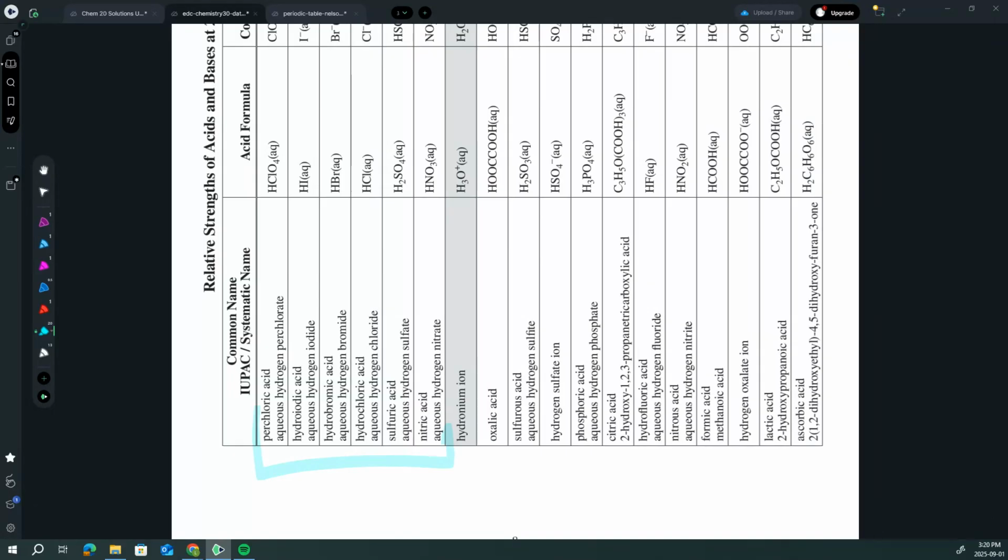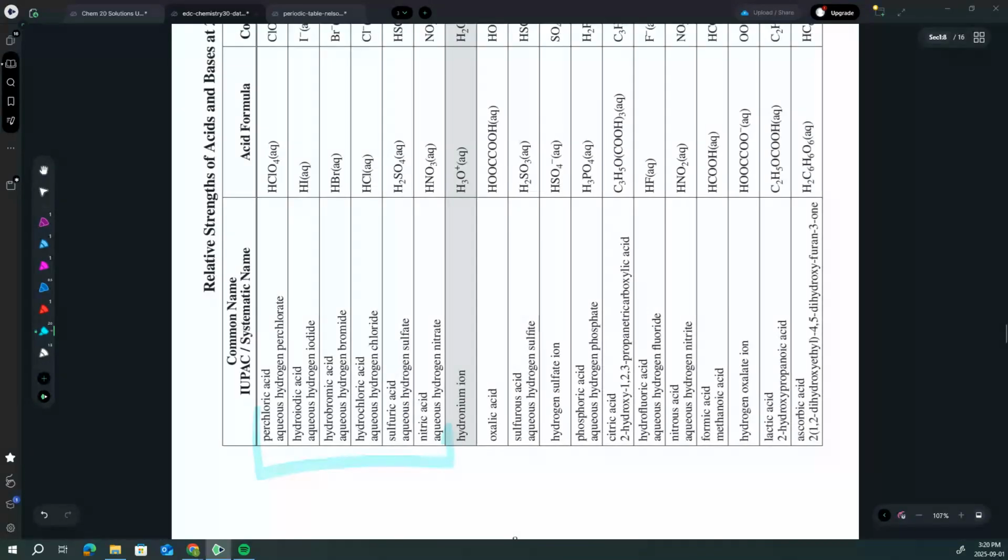So you don't have to memorize these, you just have to know where to find them in your data booklet. Our 6 strong acids are perchloric acid, hydroiodic acid, hydrobromic acid, hydrochloric acid, sulfuric acid, and nitric acid. Those are our 6 strong acids.